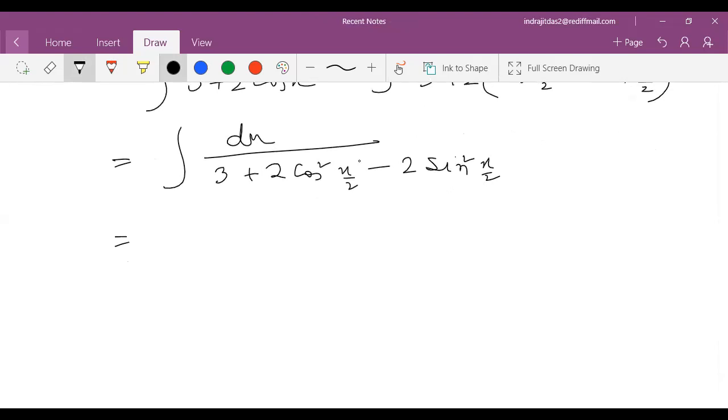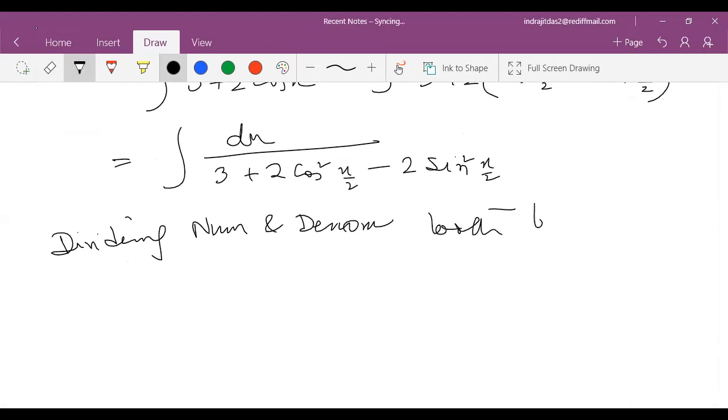Fine. Now we are changing this, no simplification. We are changing means dividing, not changing. I told you, after putting this formula of cos x or sin x, divide numerator and denominator both by cos square x by 2.